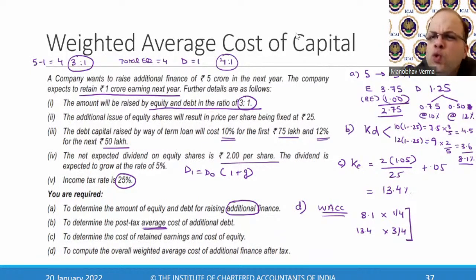Straightforward. 3:1 was given to us, isn't it? 3:1 was given to us, guys. I hope this is making sense to everyone. So what's the answer here? Anyone who has calculated this already?